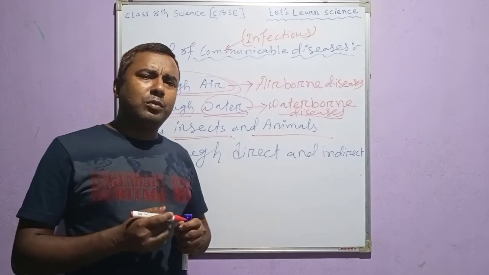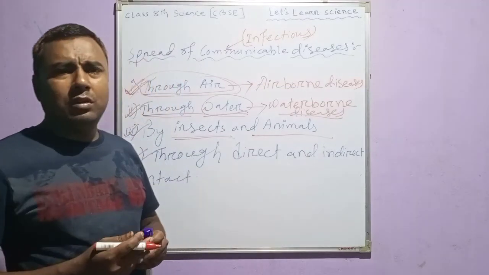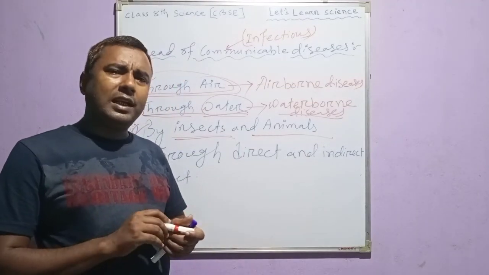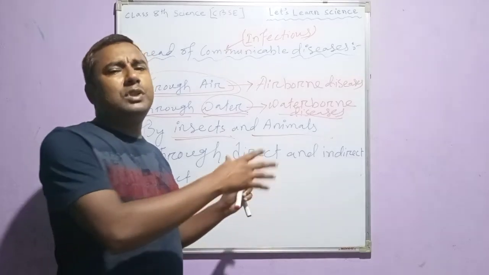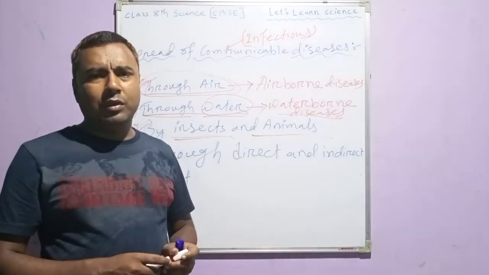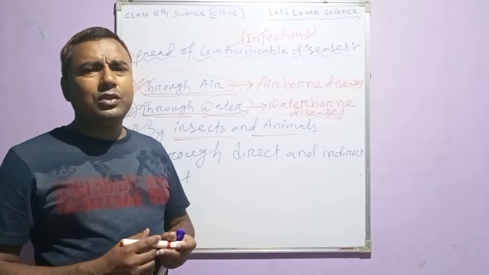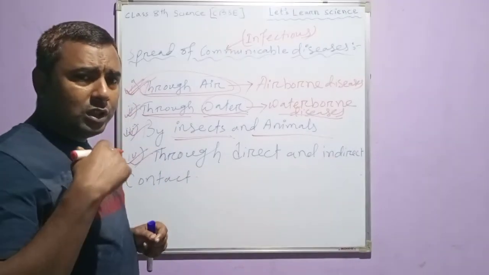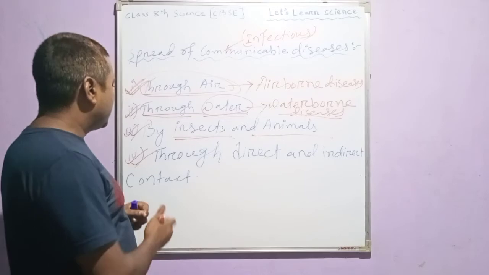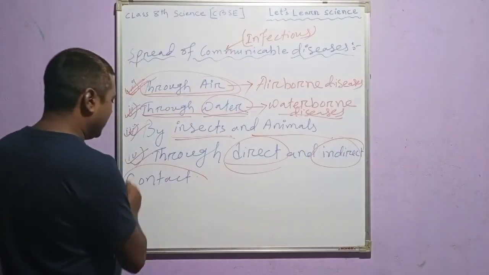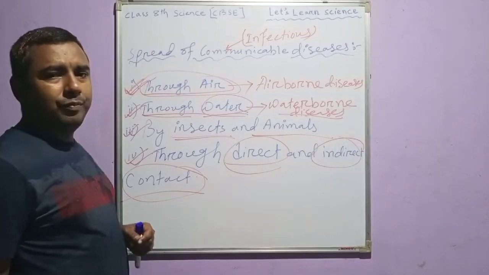Suppose a person is suffering from measles, mumps, chicken pox or smallpox. If you use the different articles used by him, then also you will suffer from that particular type of disease. So communicable diseases spread through direct as well as indirect contact with the infected person.